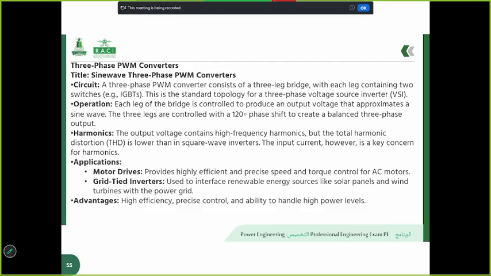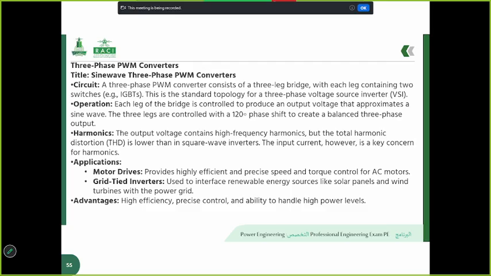The circuit typically consists of a three-leg bridge with each leg containing two switches. The primary objective is to generate a balanced set of three-phase AC voltages that closely approximate sine waves. This is achieved by independently controlling the switches in each leg using a PWM technique.